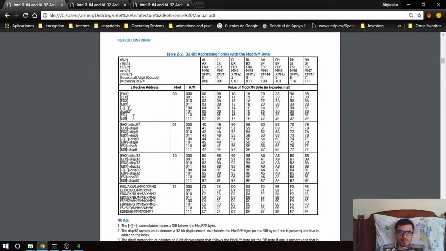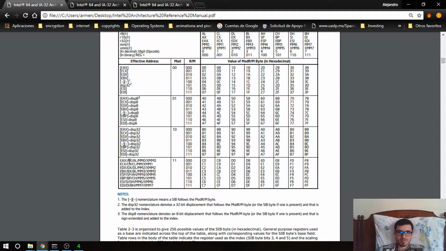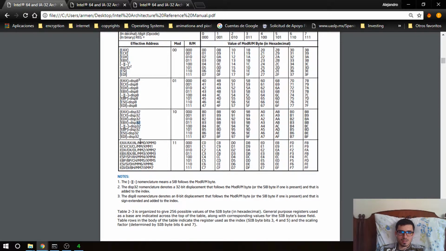We have EAX, ECX, EDX, EBX, plus a displacement, then the SIB plus a displacement. So it's the same but with a displacement, and then the same but with a 32-bit displacement.